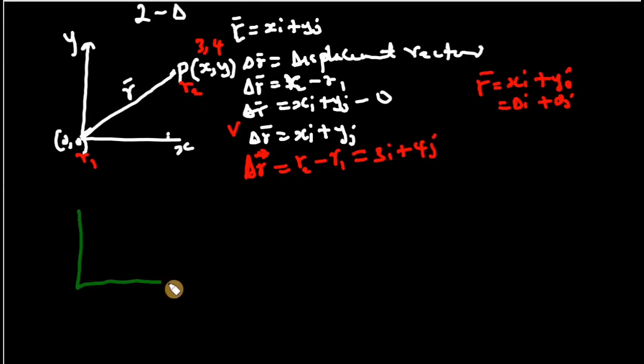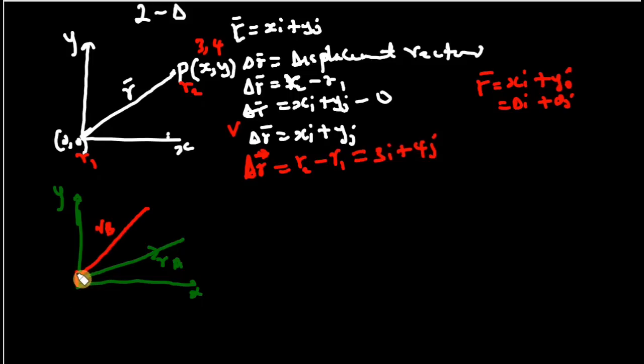So still in 2D, this is y and this is x, and this time around you have the initial position as this, labeled as RA, and you have another one as this, labeled as RB.